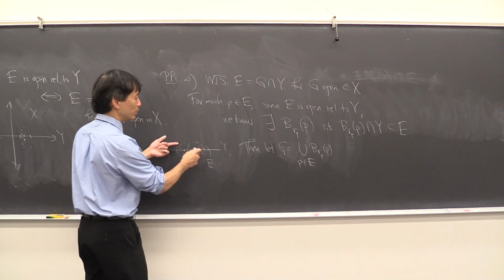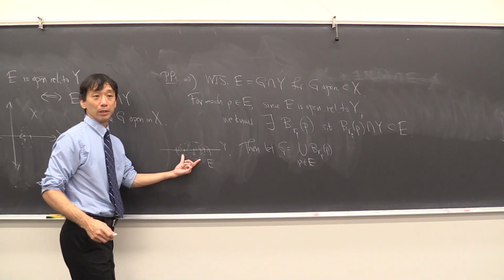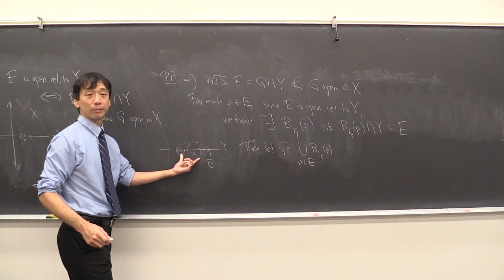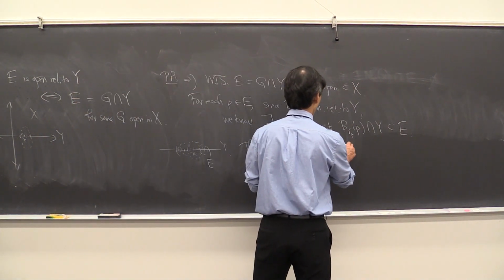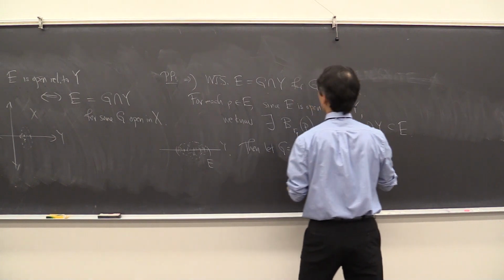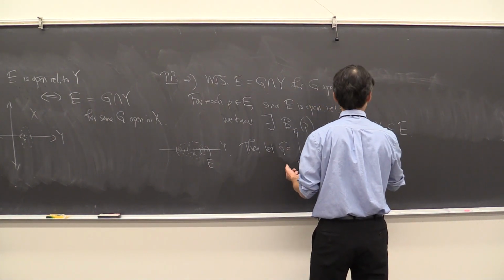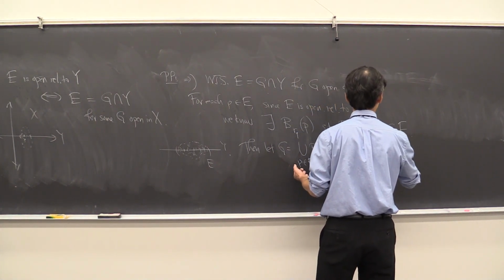We take the union of all those balls, that gives us an open set. That's what we're going to use as our G. Then clearly, G intersect Y is E.